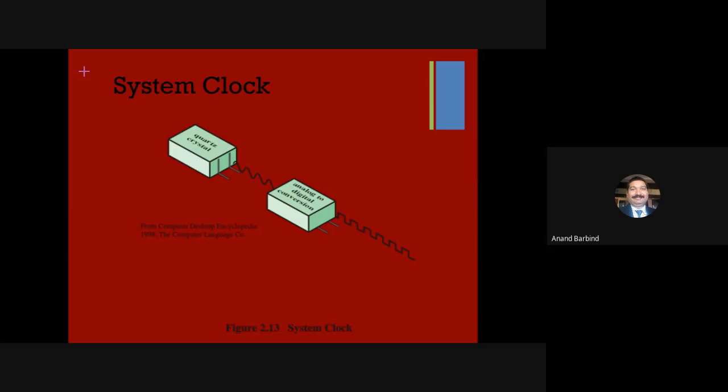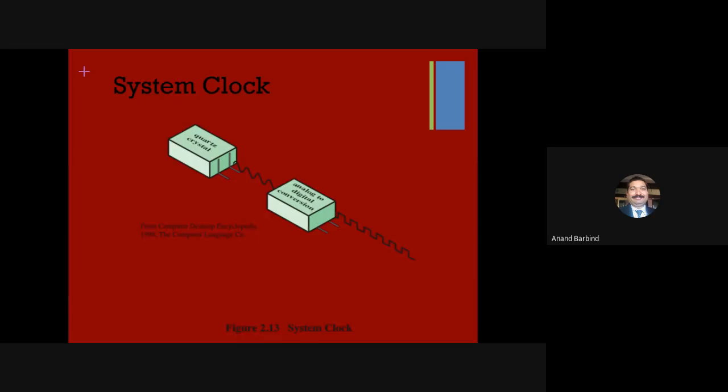But you cannot go on increasing the clock speed to increase the speed of operation, because your circuit may not be designed to handle that much clock frequency.